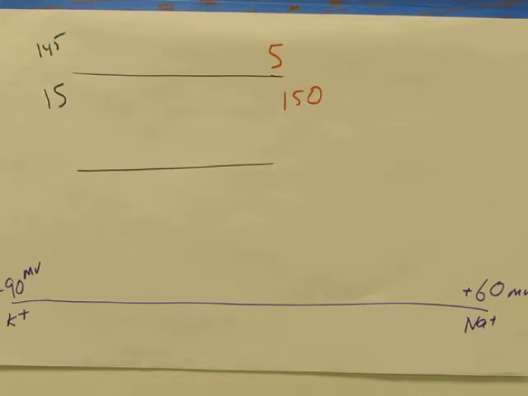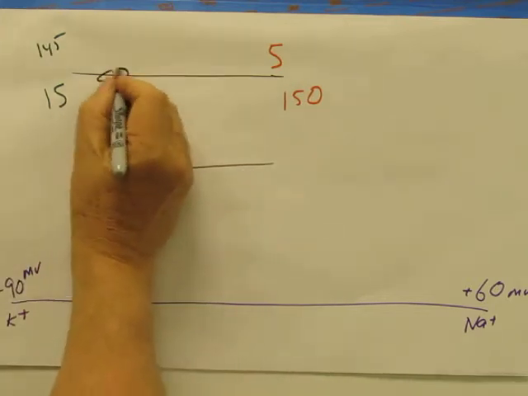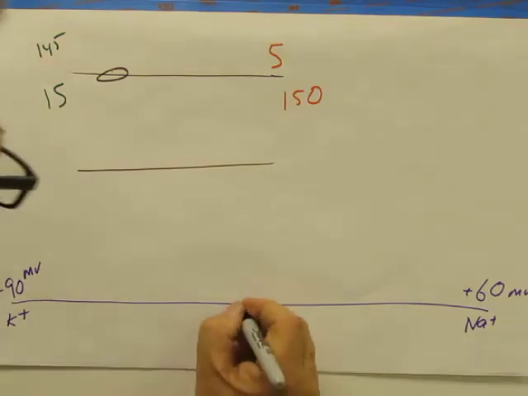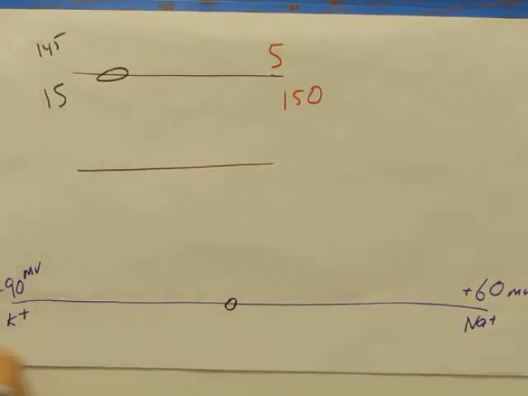If one opens up a gate for sodium, you can have a flow of sodium across the membrane into the cell. As we learned earlier, if there's a flow, there's a current, and the greater the flow, the greater the current. So let's begin at 0 voltage. This is the voltage scale.